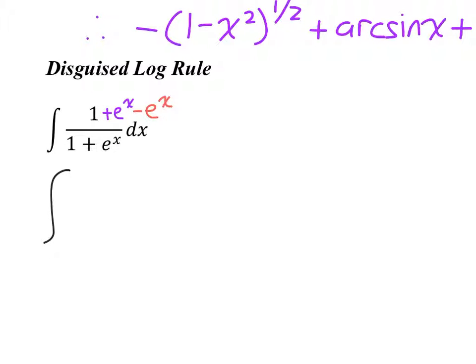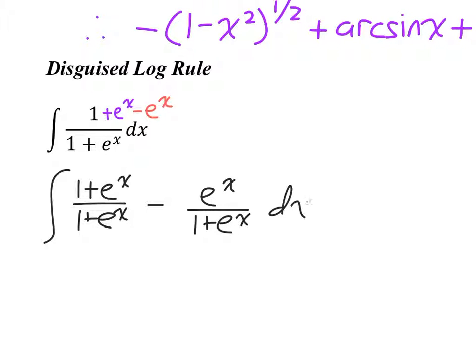This is such a cool strategy that I find that people want to do this for everything now. But it doesn't always work. But when it does, it feels great. So 1 plus e to the x over 1 plus e to the x, I'm going to break it up, minus e to the x over 1 plus e to the x dx.